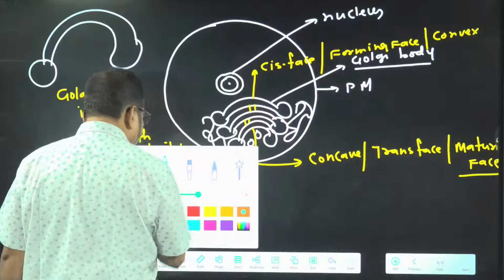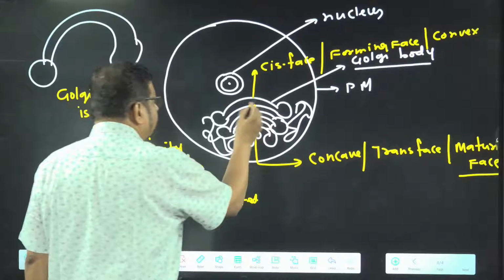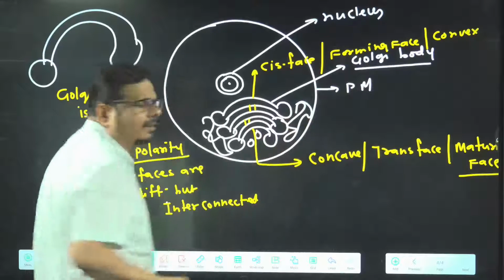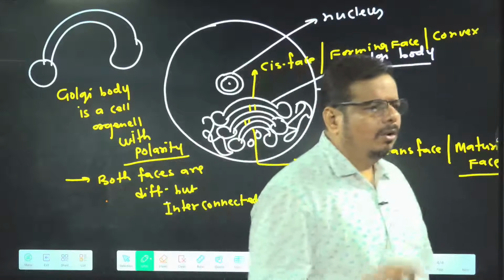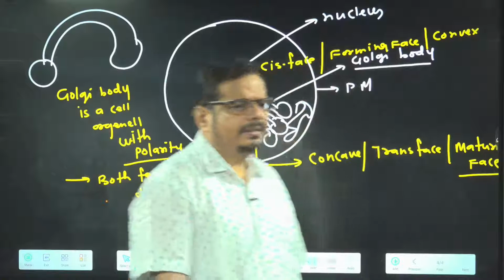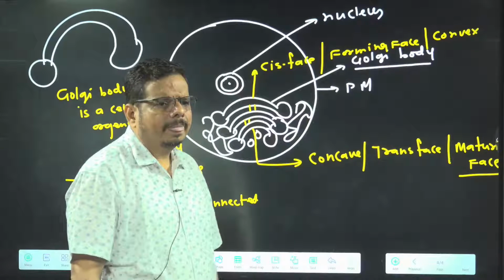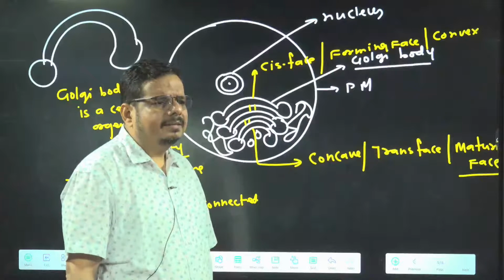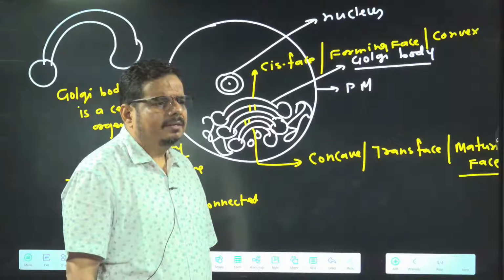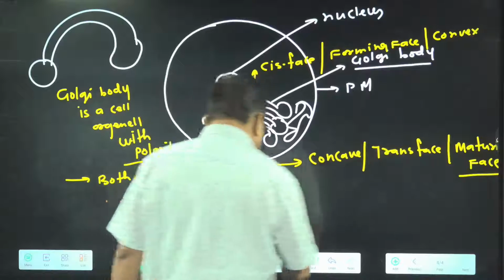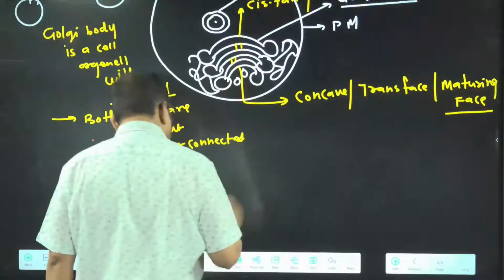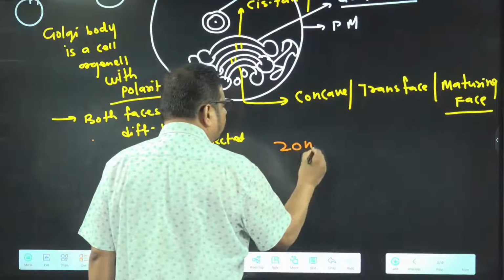Around the Golgi body, in the cell, usually very less cell organelle or no cell organelle are present. Getting the things or not? Okay? And that is the reason we call Golgi body the zone of exclusion. So if someone is going to ask you a question, what is zone of exclusion?